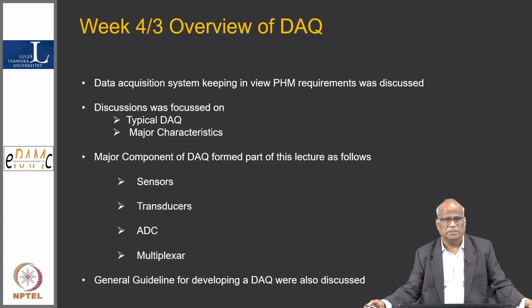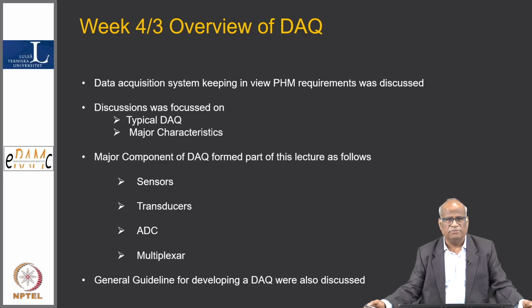So, in the third week, we should get a confidence about what a data acquisition system is, and then the typical DAQ major characteristics, performance characteristics, and physical characteristics. In fact, we will be discussing performance and physical characteristics even further.